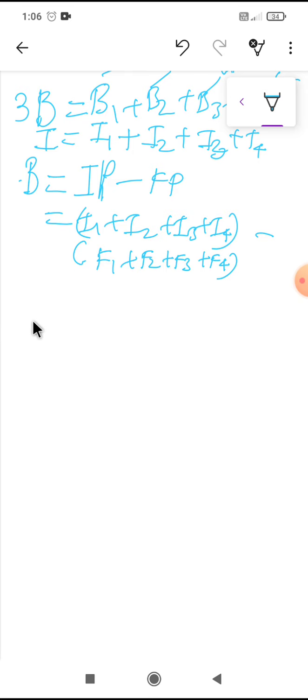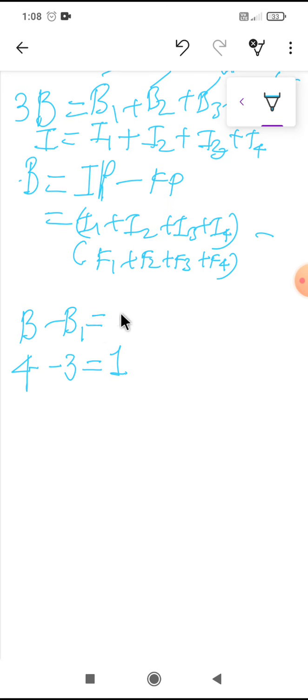Now if I subtract B minus B1, what is B? B is the brake power of all four cylinders, and B1 is the brake power when cylinder 1 is cut off. When all four cylinders are working and one cylinder is cut off, so 3 cylinders are working, we get the power which would be generated by one cylinder, that is the first cylinder.